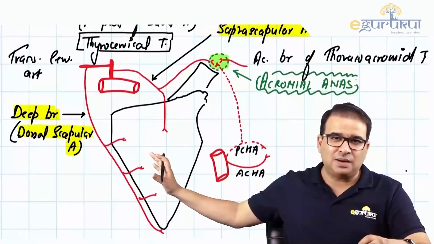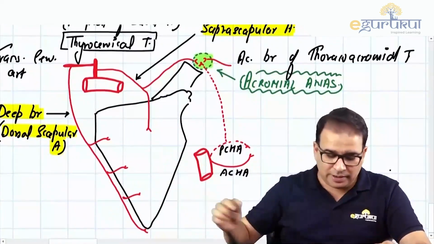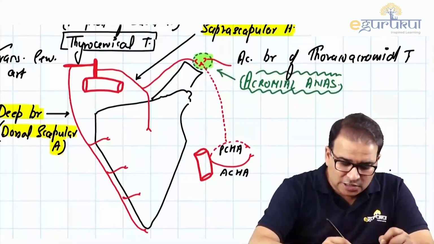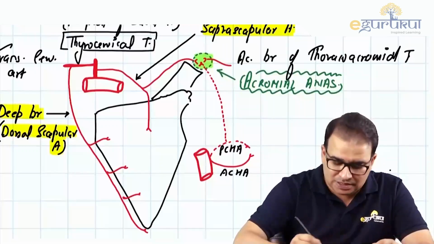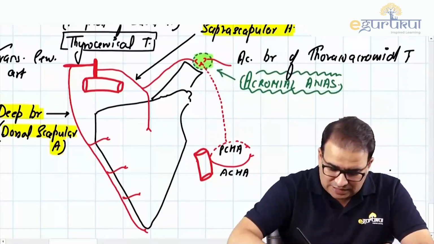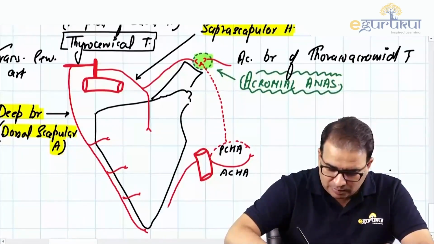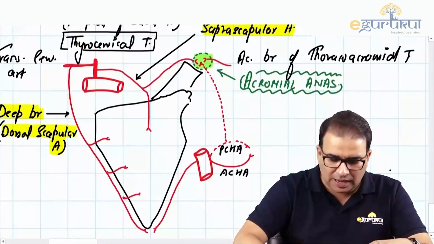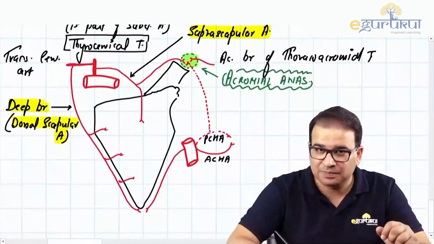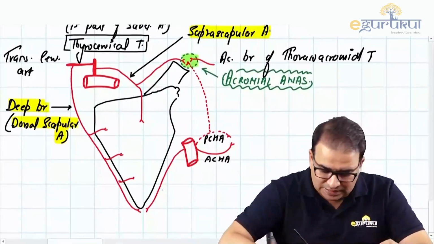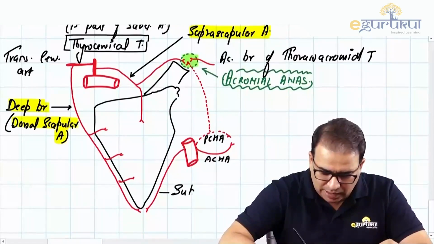Now coming back to the body part. What branches are participating in the anastomosis at the body here? The largest branch of the axillary artery, we said, is the subscapular artery. Now look at this. If let's say this is a subscapular artery, it will be running along the lateral border and going down, anastomosing at the inferior angle.